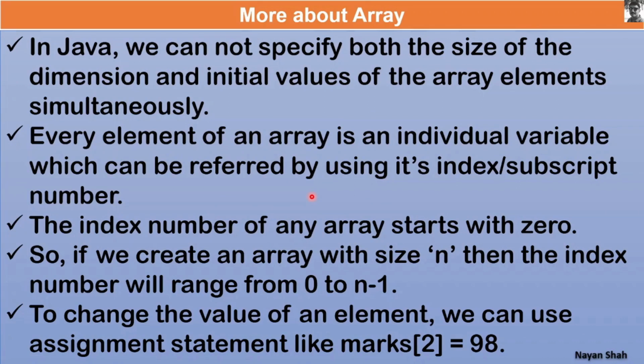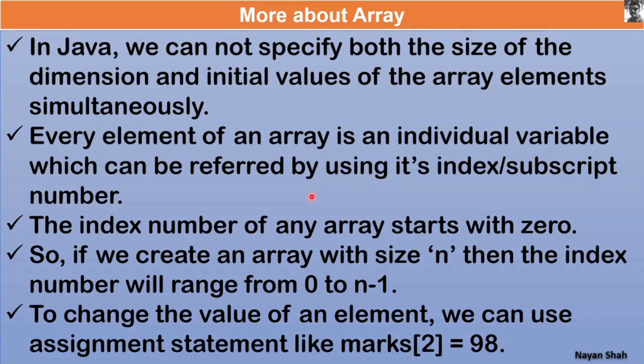Every element of an array is an individual variable which can be referred to by using its index or subscript number. So suppose your array is of size 15, then all the 15 elements of this array are individual variables and they can be referred to by their index or subscript number.